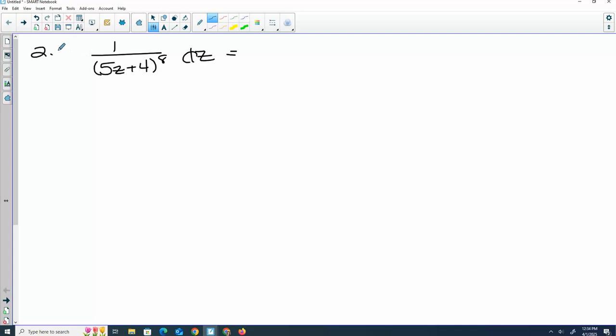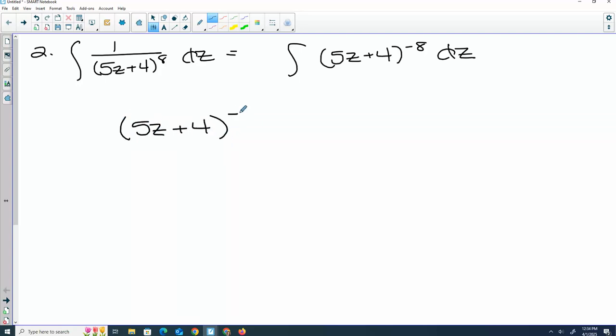So on this one, we are wanting the integral. I would rewrite this as 5z plus 4 to the negative 8. So the antiderivative, add 1 to the power. So negative 8 plus 1 is negative 7. That means you need the reciprocal in front. So we need a negative 1/7 in front. Think about your derivative.